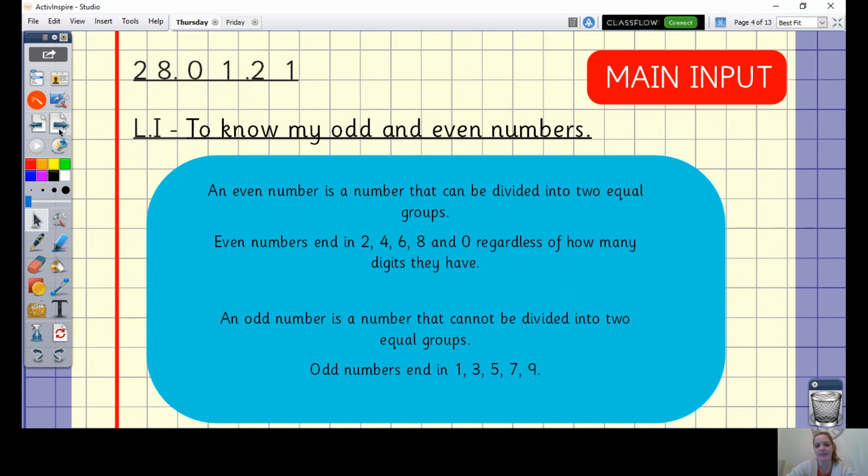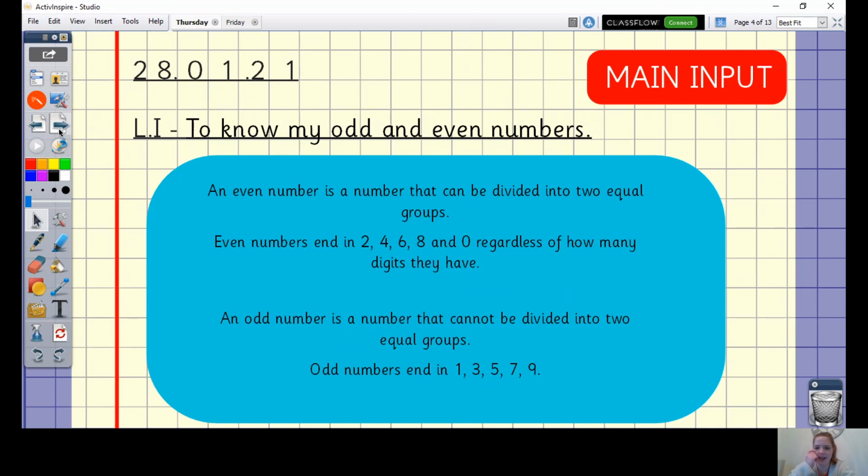So it's a number that can be halved. Even numbers end in 2, 4, 6, 8, and 0, regardless of how many digits they have. So even if it was a 3-digit number, even if it was 268, I would know that's an even number because it ends in the digit 8.